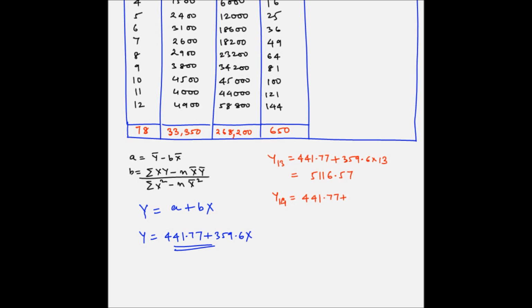Similarly, y for 14 is equal to 441.77 plus 359.6 multiplied by 14, and this is equal to 5476.17.